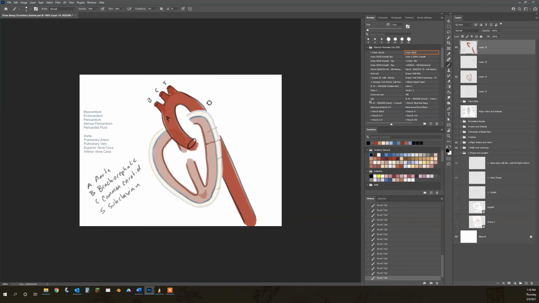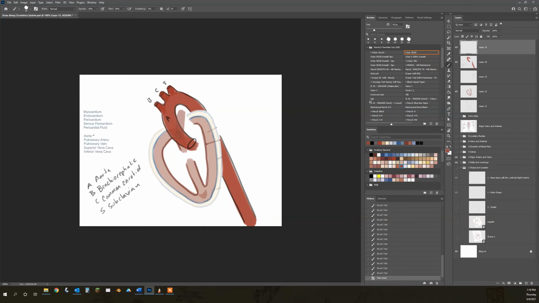So that's the aorta. The pulmonary artery, I'll throw another layer on here so we can erase. Let's do red, but a different shade of red. The pulmonary artery is going to go both in front of and behind the aorta. So it's going to cross over. I'll go back and erase some stuff. Right now I'm going to go in front of.